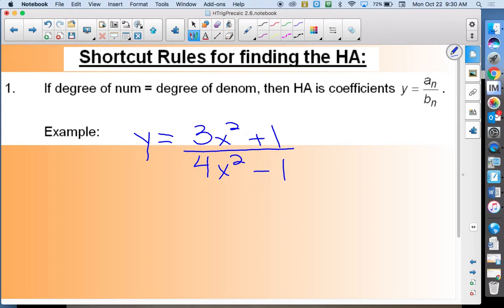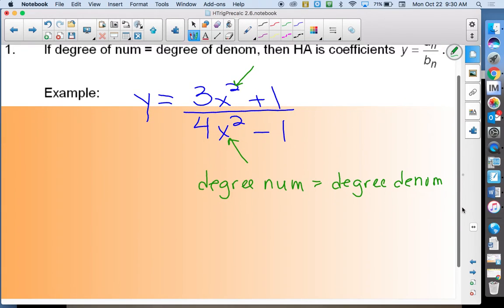Whatever, it doesn't matter. If the degree of the numerator and the denominator are the same, so we're looking at the powers. If those powers are the same, then where would this asymptote be located?